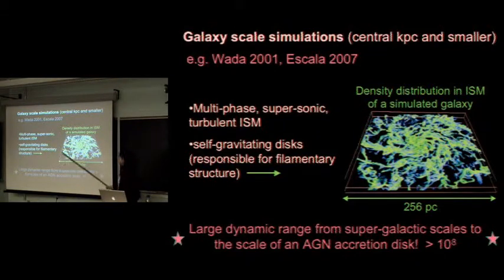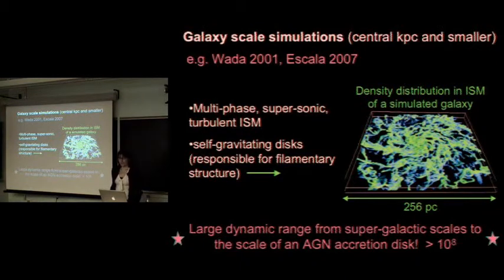For example, this is a simulation by Keiichi Wada where they simulated a disk on a scale of a few hundred parsecs, so with better resolution. They find things like this multi-phase supersonic turbulent ISM that develops because this disk becomes self-gravitating and stuff starts to collapse, and that's what causes this filamentary structure. So these are places where you might find star formation in the disk.